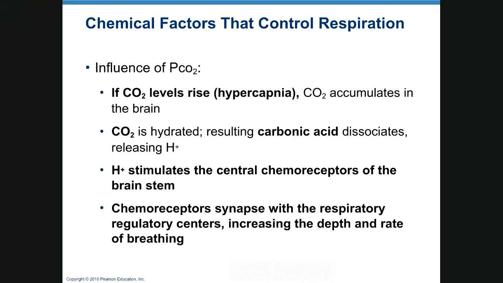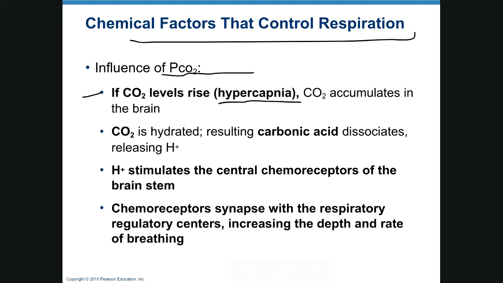Chemical factors that control the rate and force of respiration. The number one most important thing is the pressure of CO2. If the carbon dioxide levels rise, we call it hypercapnia. CO2 will accumulate in the brain. Why it's going to rise: maybe you're breathing too slowly or you're not ventilating properly.